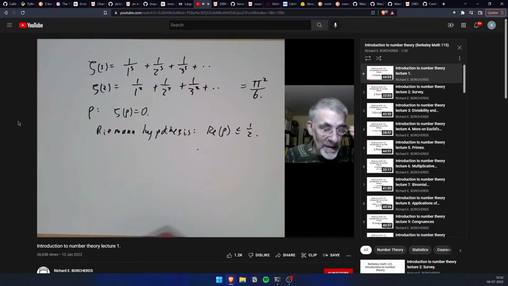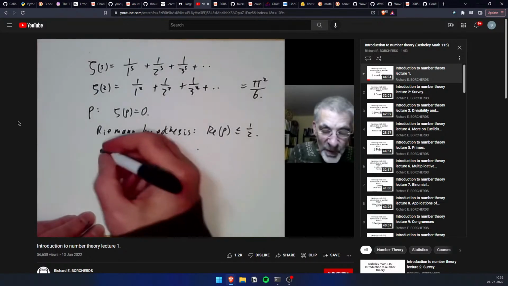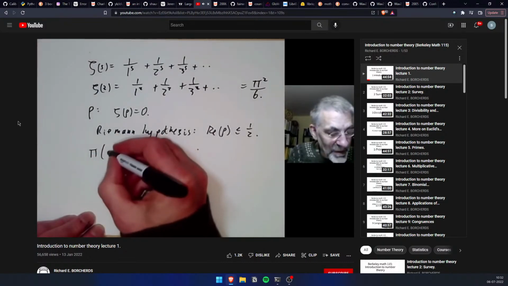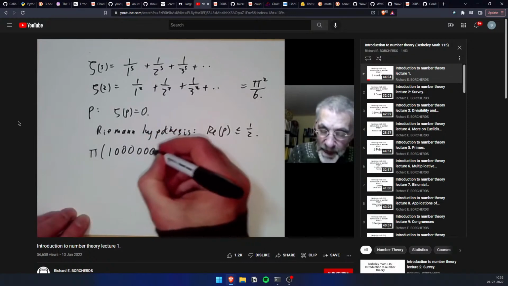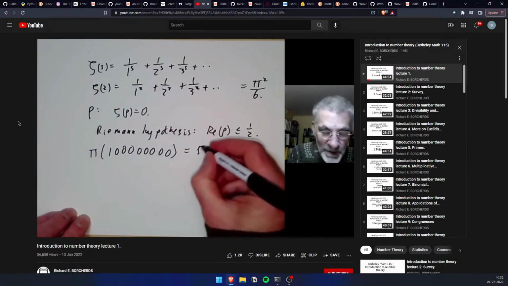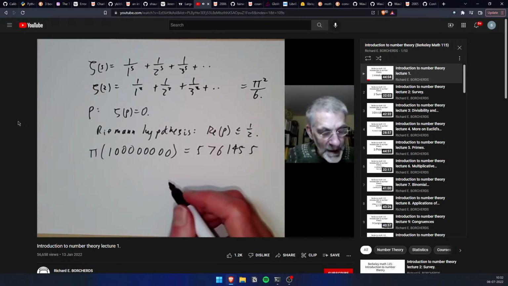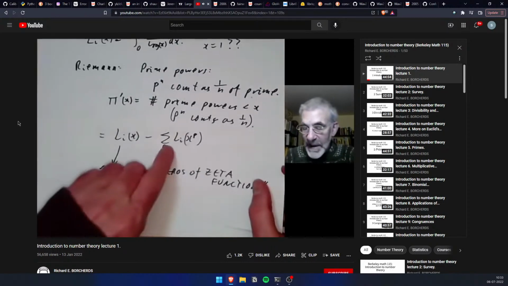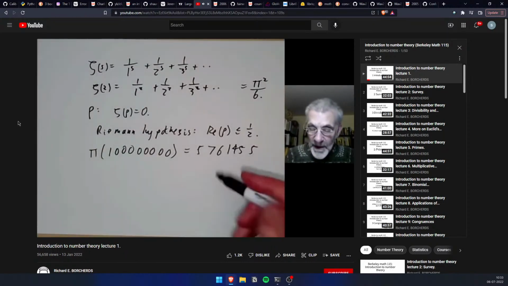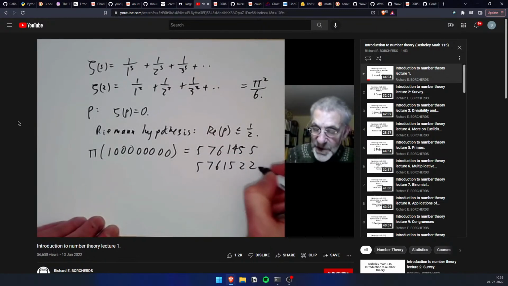Anyway, Riemann's work gives an astonishingly accurate formula for the number of primes less than a number. For example, the number of primes less than 100 million is exactly equal to 5761455. Riemann's estimate, not counting the zeros rho, turns out to be 5761522.